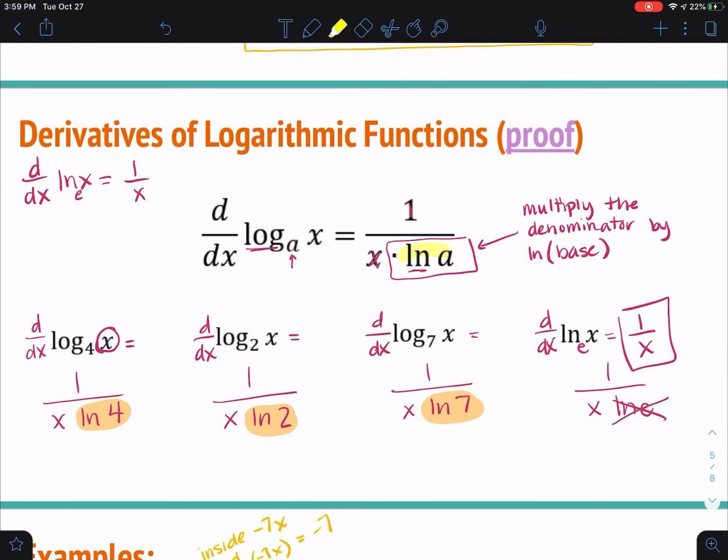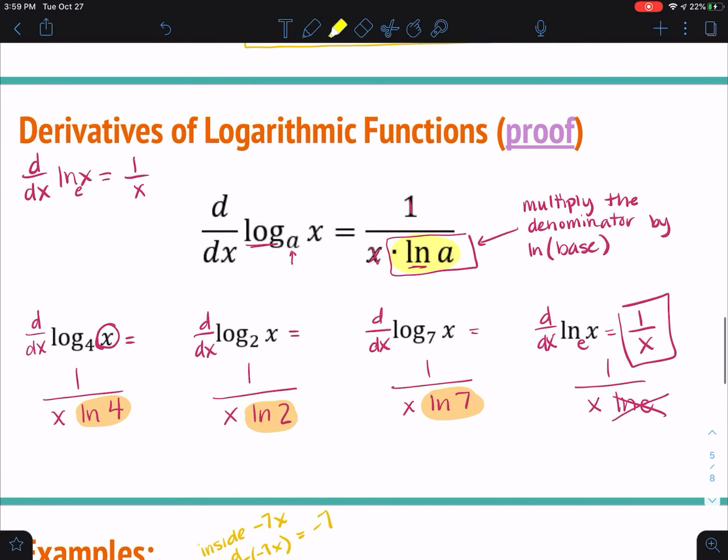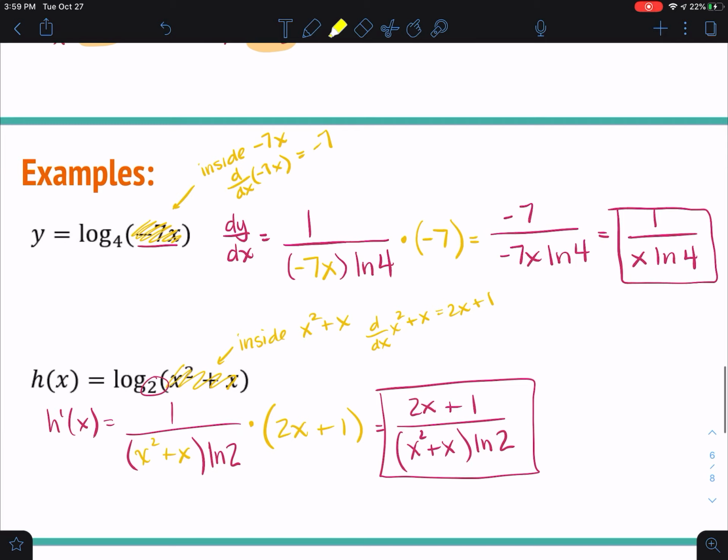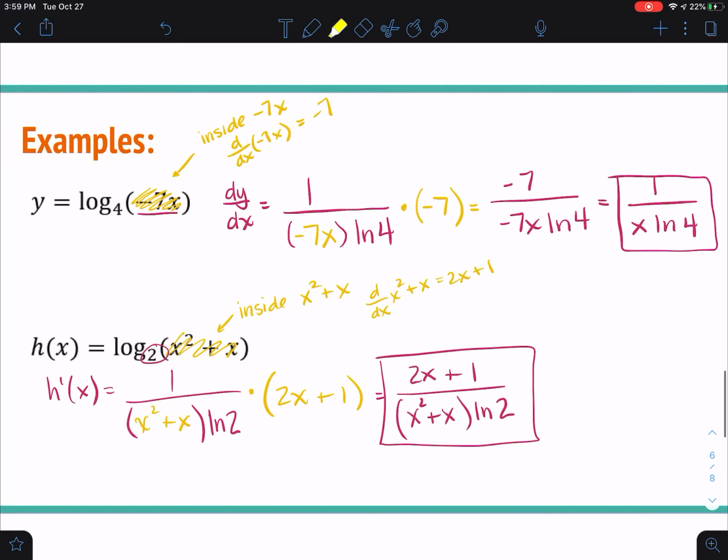And then for the derivative of a logarithmic function, if it's not a natural log, it's still going to be 1 over x. You just have to add that natural log of a into your denominator. Okay. So we'll do some practice with this in class, but that gives you a nice little starting point with a couple examples so that we can build off of them.